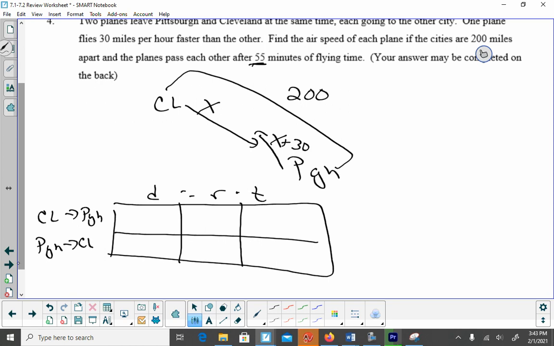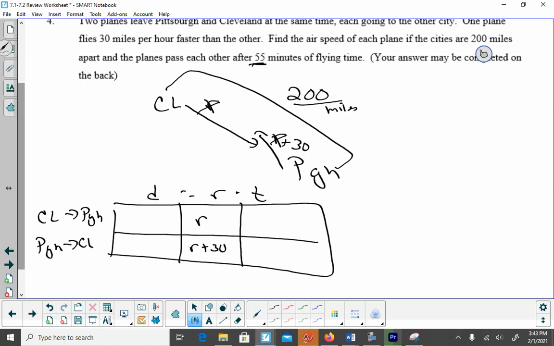So one is going R. And I said Cleveland to Pittsburgh was going R. And then the one going from Pittsburgh to Cleveland is going 30 miles per hour faster. And I used an X up there. I really should have used an R. The time is 55 minutes. Oh, that's so bad. And the reason why it's bad is because this is 200 miles.